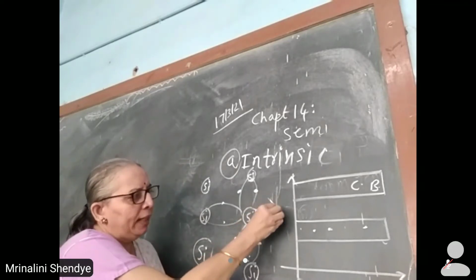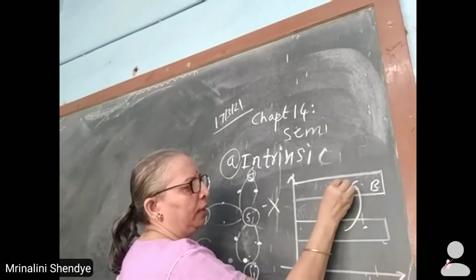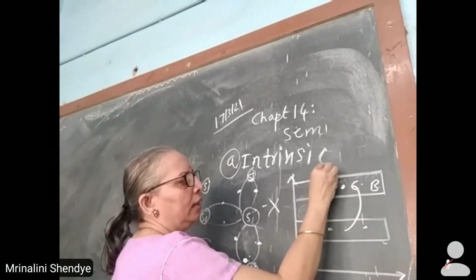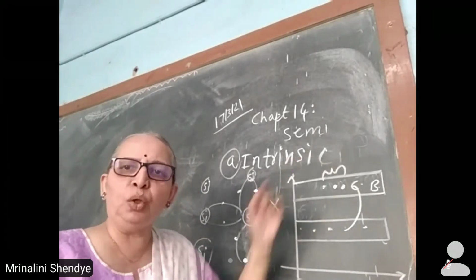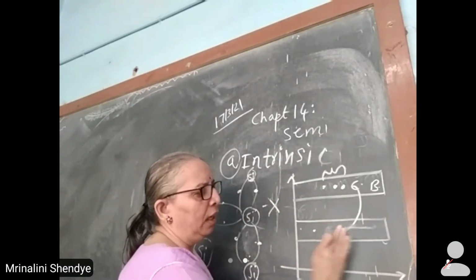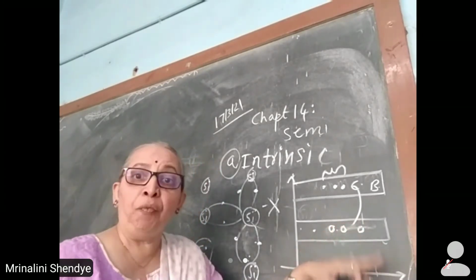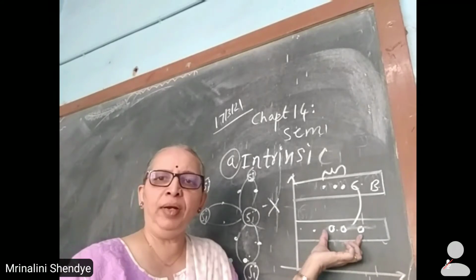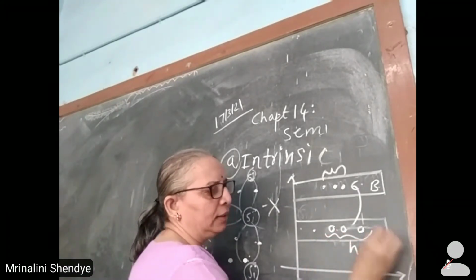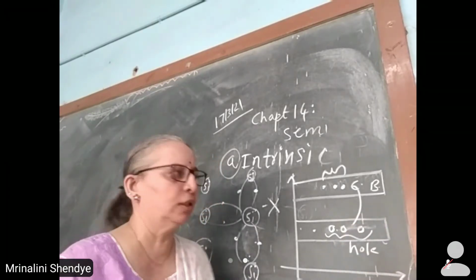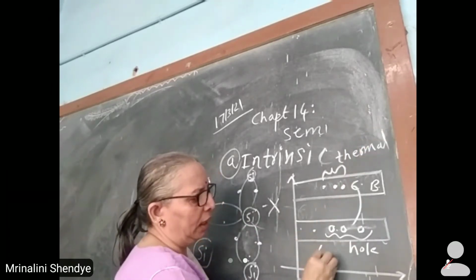They break their covalent bonds and jump into the conduction band. So these are thermal electrons. The electrons raised to the conduction band create a lack of electrons in the valence band, and a lack of electron is called a hole, which is considered a positive charge carrier. So these are thermal electrons and these are thermal holes.